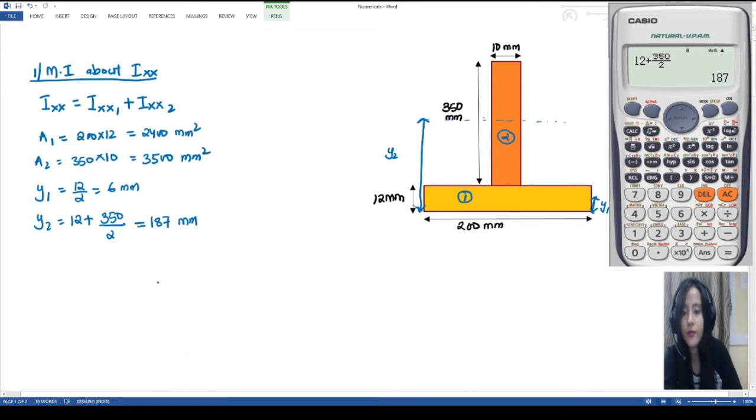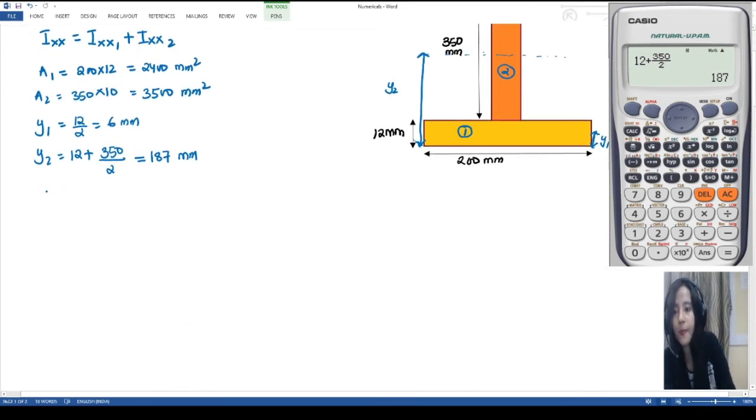Right, now let's find y bar. Y bar will be equal to A1 y1 plus A2 y2 divided by the total area A1 plus A2.